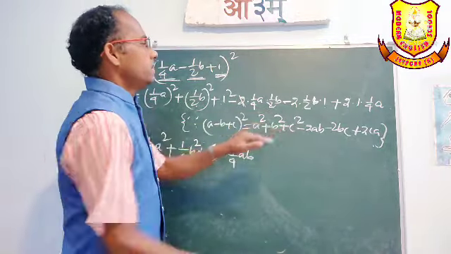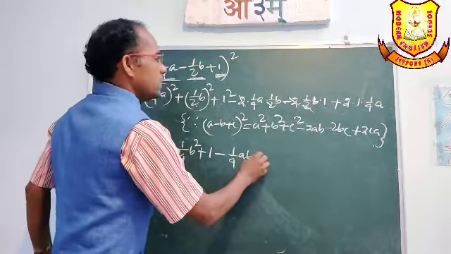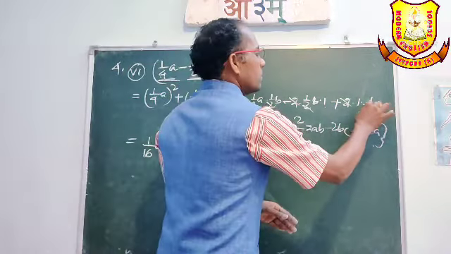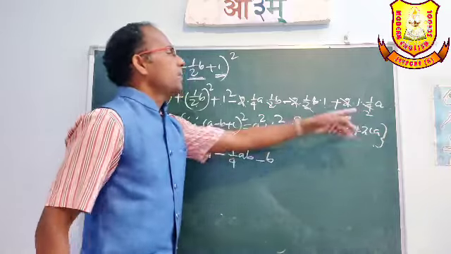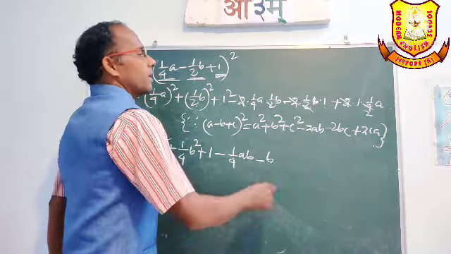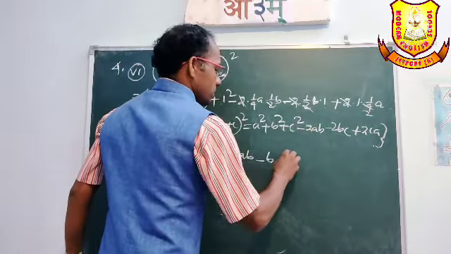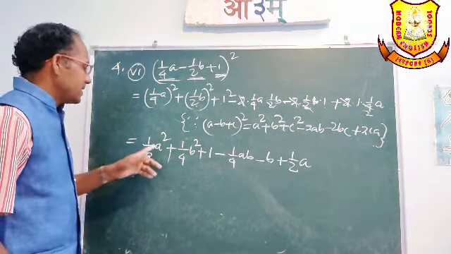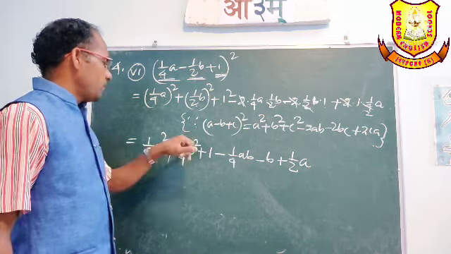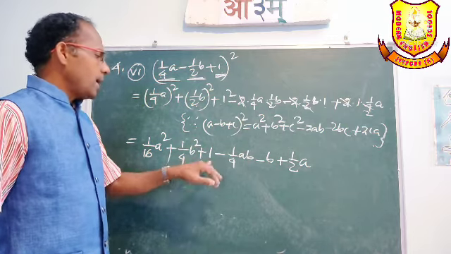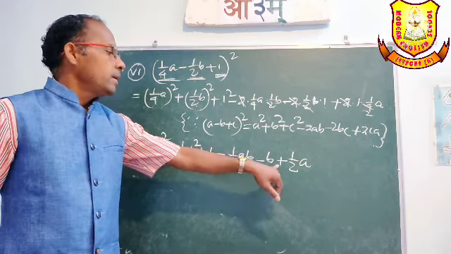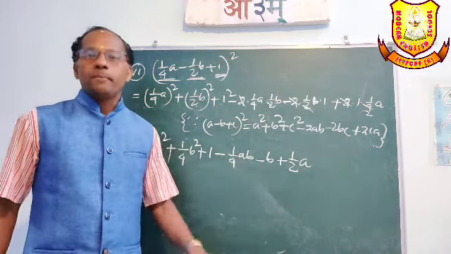Then the 2 cancels, this is only minus b, and here 2 and 4 cancel, so 1/2 plus 1/2a. So this is 1/16 a square plus 1/4 b square plus 1 minus 1/4 ab minus b plus 1/2a.